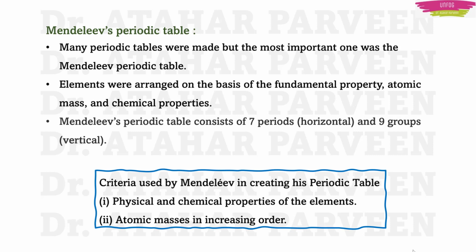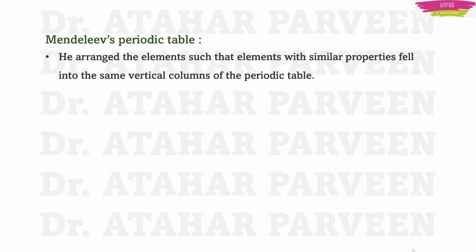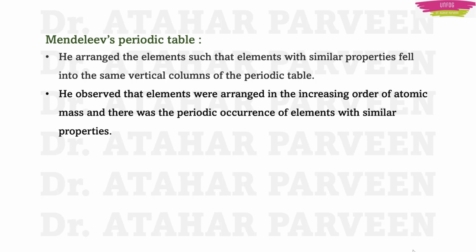The criteria used by Mendeleev in creating this periodic table was that first, as I told you, physical and chemical properties of the elements, and then the atomic masses were taken in increasing order. Then he arranged the elements such that elements with similar properties fell into the same groups or same vertical columns of the periodic table, and then he observed that elements were arranged in the increasing order of atomic mass, and there was the periodic occurrence of elements with similar properties.